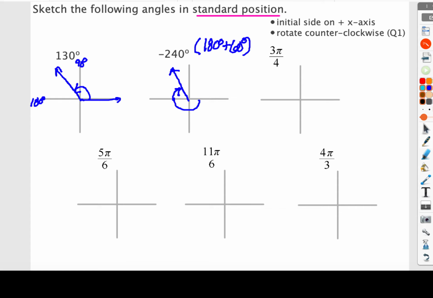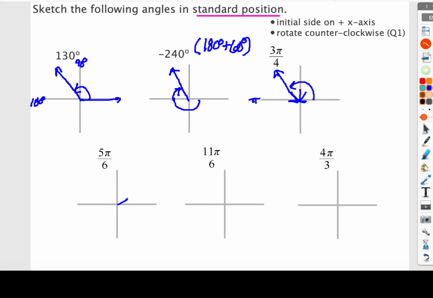Again, 3 pi over 4, well again, pi is a half circle. So if we chop that into 4 parts, 1, 2 being the 90-degree angle, and 3, the fourth one would have been pi, 4 fourths is pi. Well, 3 pi over 4 then is essentially 45 degrees or so into that second quadrant. 5 pi over 6, same idea.